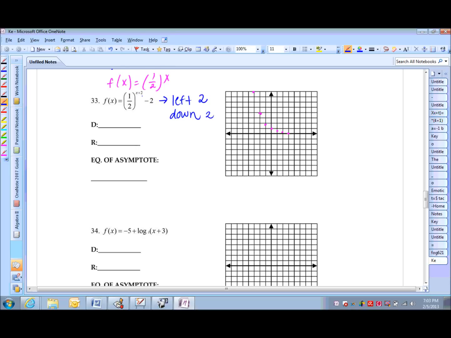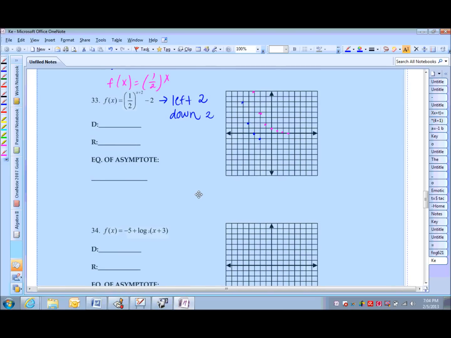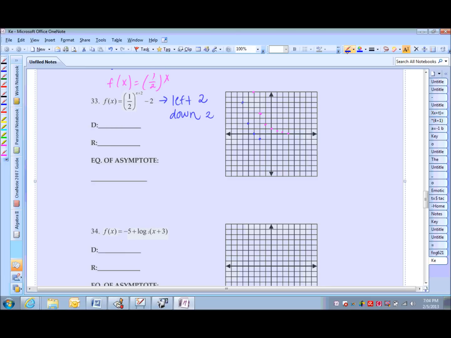So we're moving each point to the left 2 and down 2. Okay, and when you connect those points, your graph should end up looking like this.